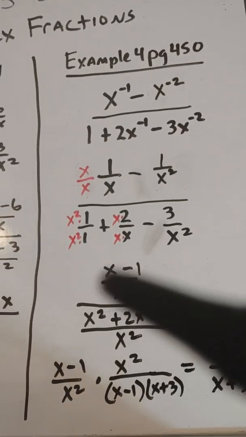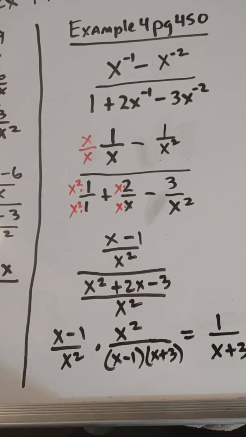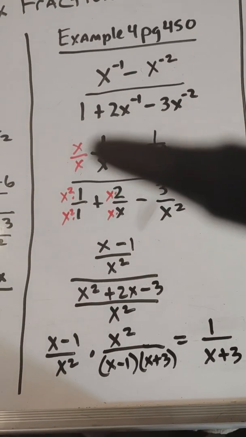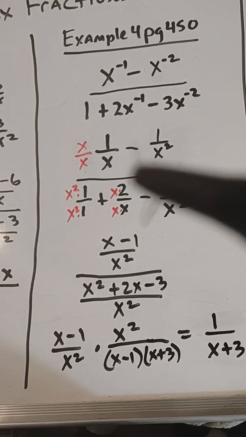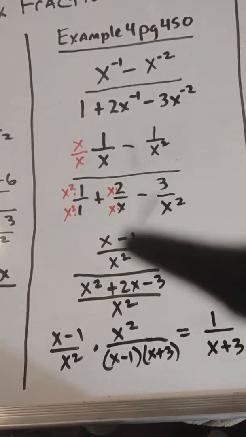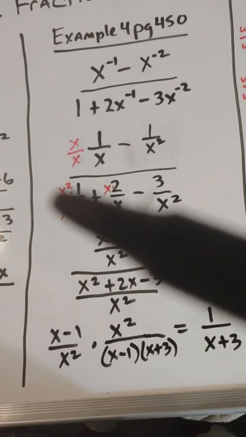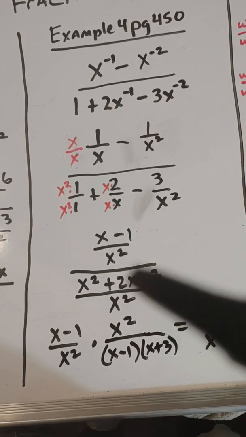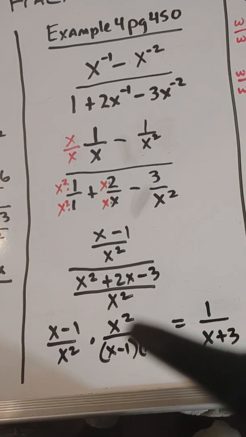When I finish this out and combine like terms, this top right here gives me x minus 1 over x squared. See, x minus 1 over x squared. The bottom gives me x squared, which is right there, plus 2x minus 3 over x squared.